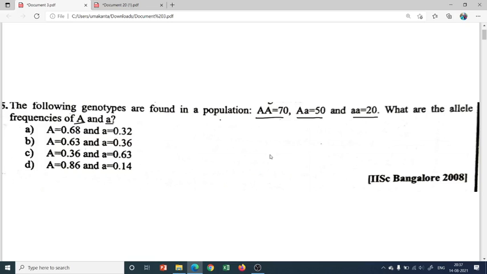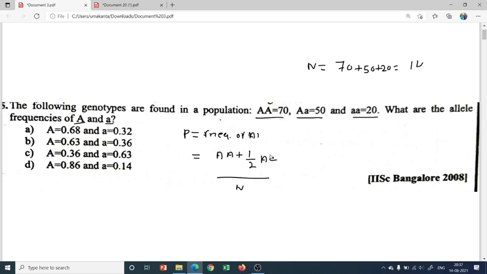Already we know p is equal to the frequency of A, which is the number of capital A plus half of the number of capital A small a, upon n. So n is the total number of the population, 70 plus 50 plus 20, that will be 140.